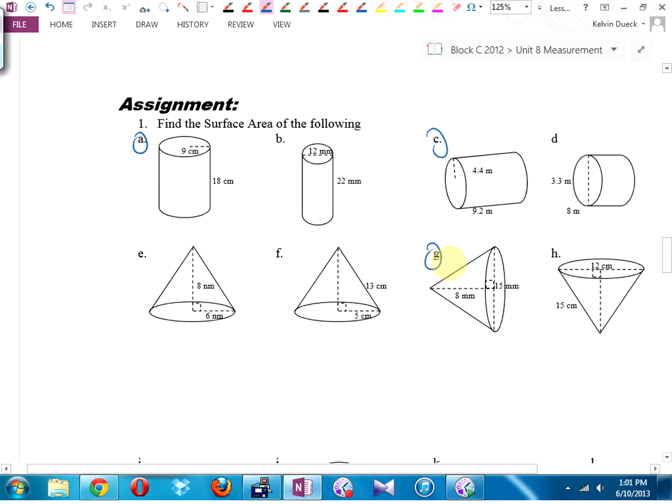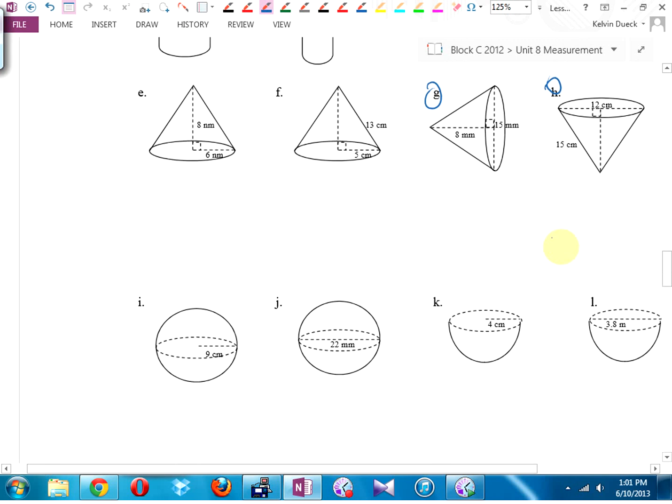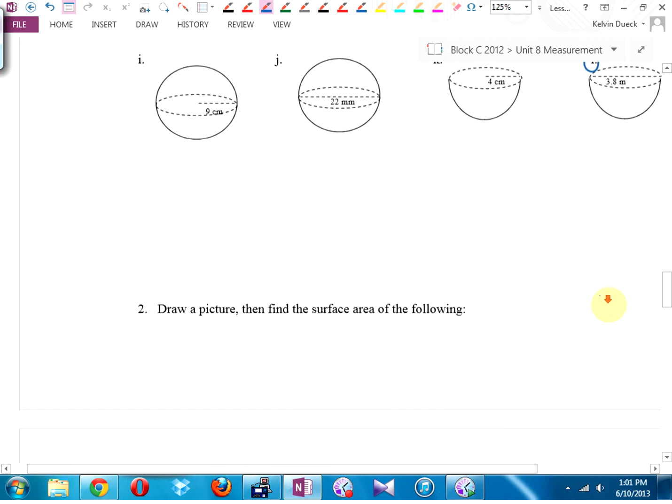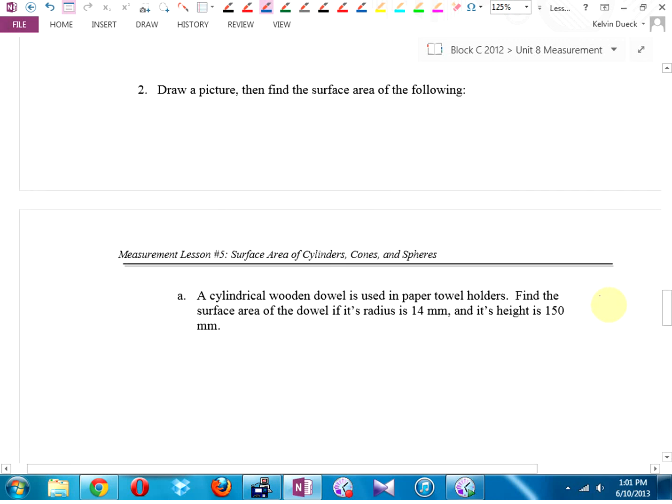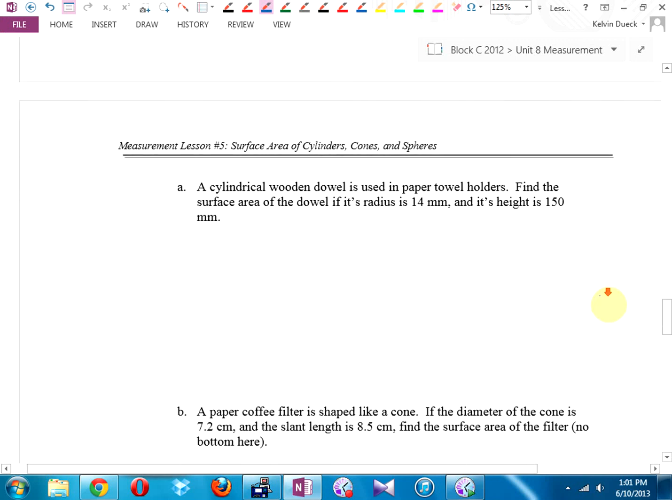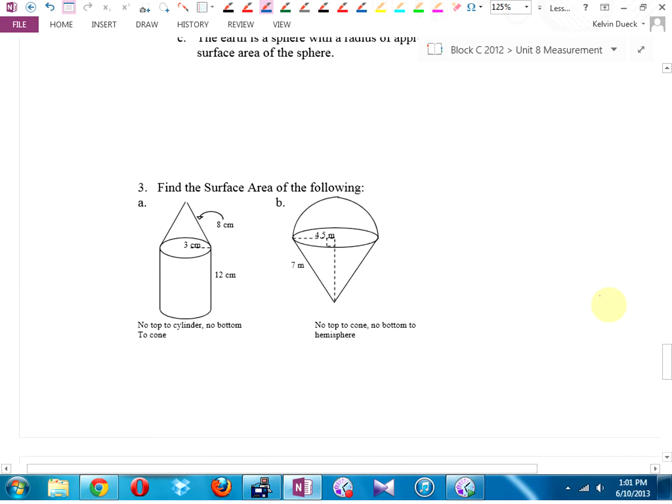G. And H. What about here? L. It says draw a picture, then find the surface area of the following. I want to find, oh, composite.